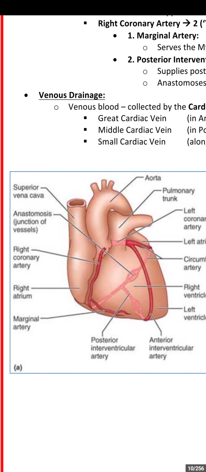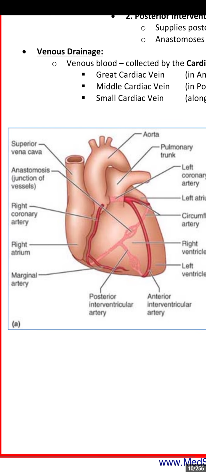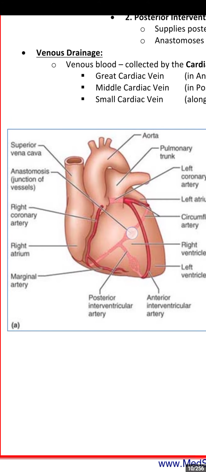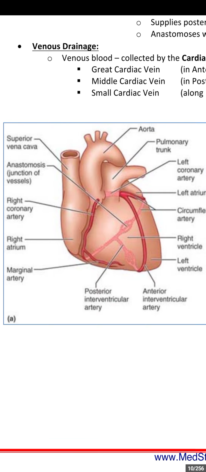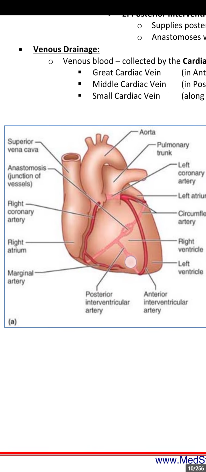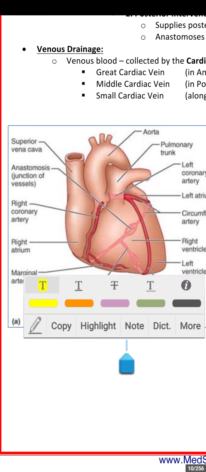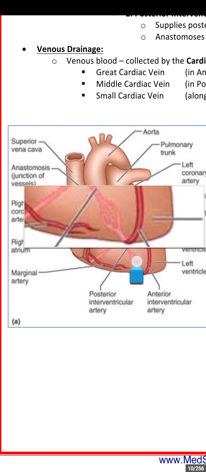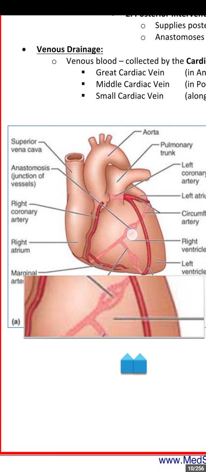You can see there are different junctions like this. I'm pointing, there are two junctions, and these junctions are seen in the posterior intraventricular artery. This junction is an anastomosis, a junction of vessels inside the heart, and this one is also an anastomosis.